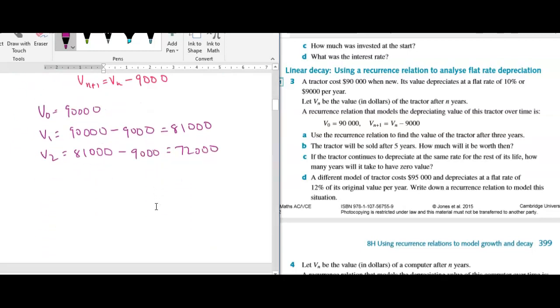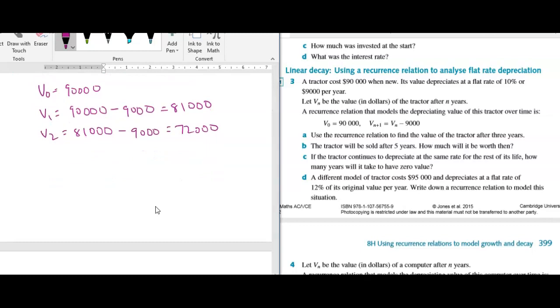And then V3, previous value minus 9,000 equals 63,000. And you can put dollar signs in. So the tractor after 3 years is worth $63,000.